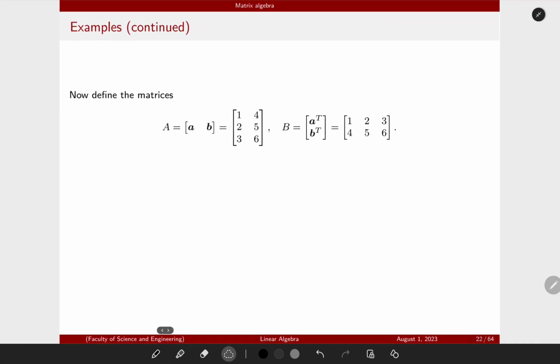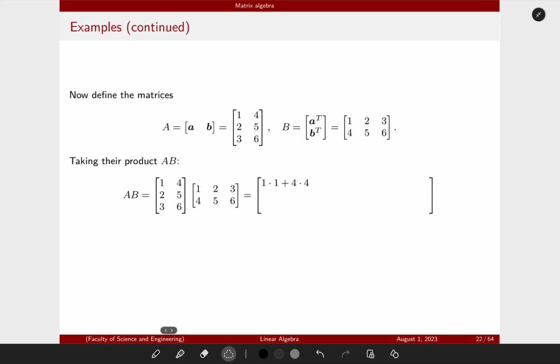Right, so let's now do an example of a matrix multiplication. So we let A be the matrix with a and b as its columns, and B be the matrix with a and b as its rows, by taking transposes. Then, taking their product AB, what we do basically is we think about going row into column.